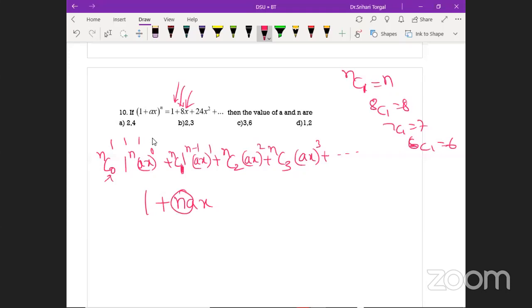Here it is na. na is equal to 8, or an is equal to 8. Now tell me, what are those two numbers a and n? They have given a and n here. If you multiply these two, wherever you get 8, that will be your answer.